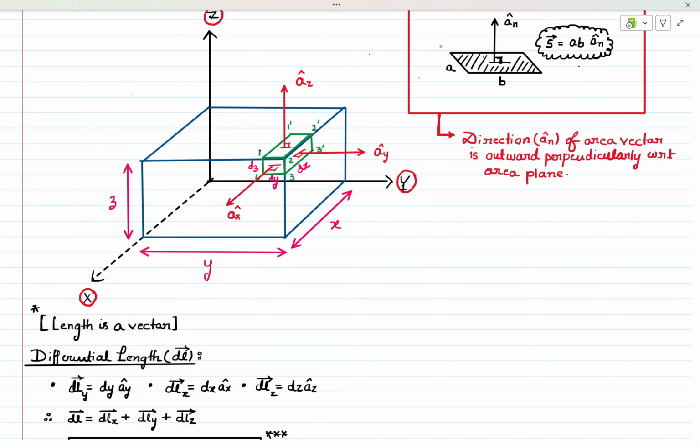So let me draw it now. 2, 3, 2 dash, 3 dash.